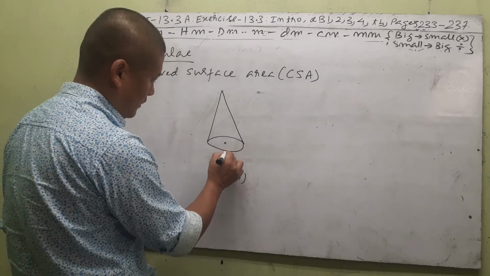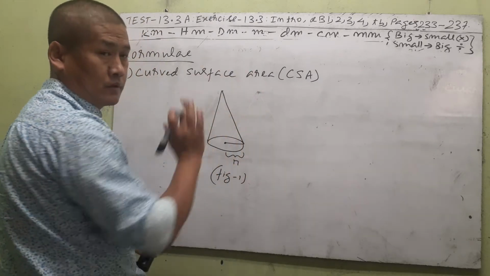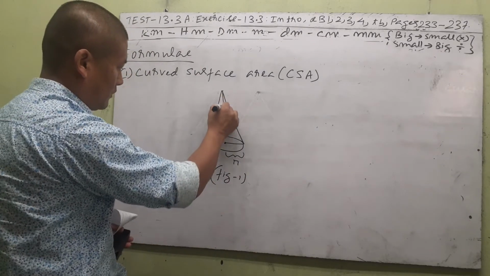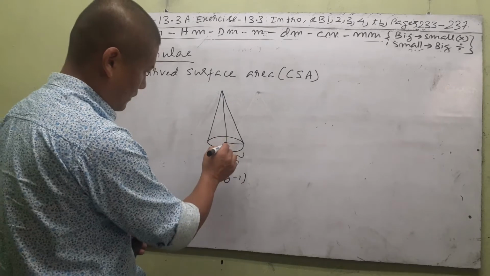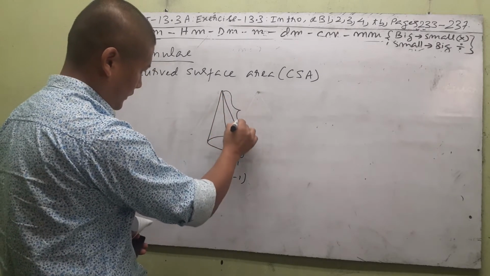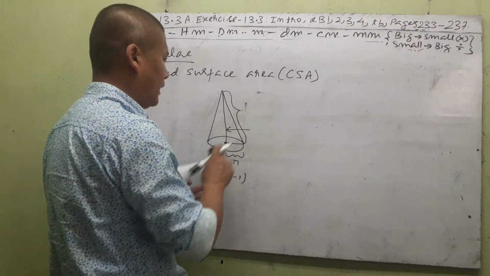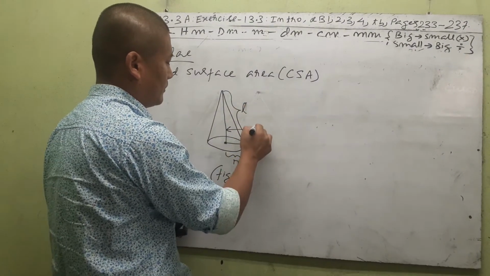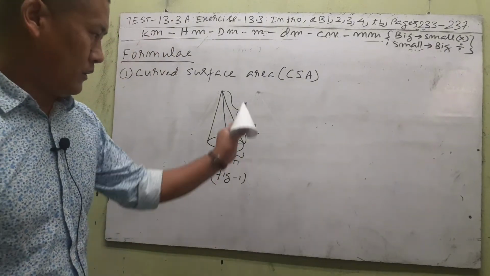So the distance from here to here is the radius. Just now we did that. The line joining the sharp point to the circular center is the height. And then from here to here is the slant height, L. Vertical height or height, and radius. This is the cone, figure 1.